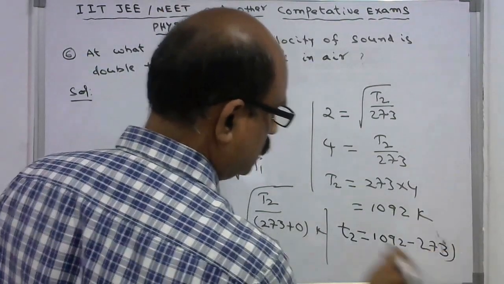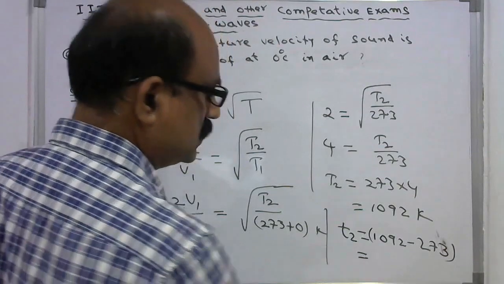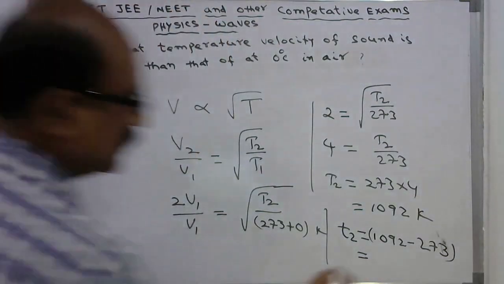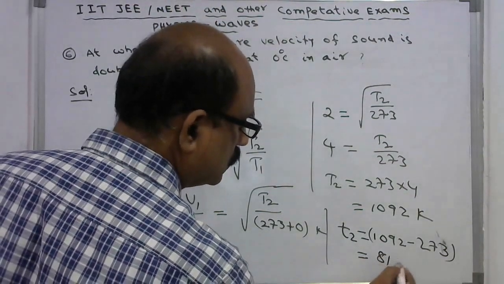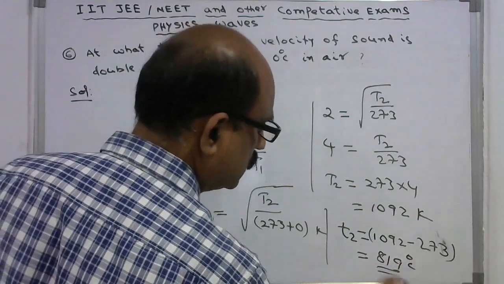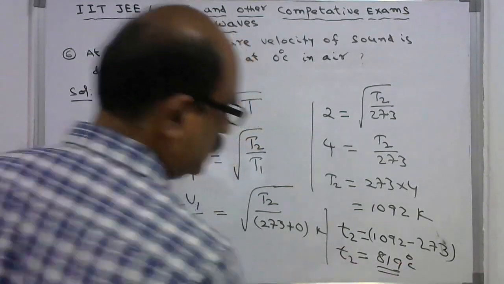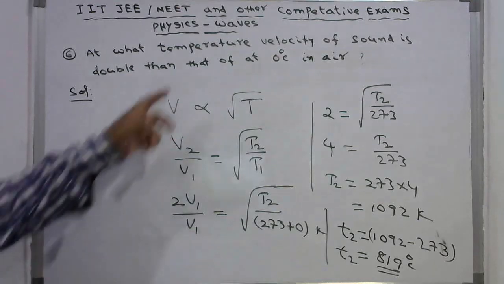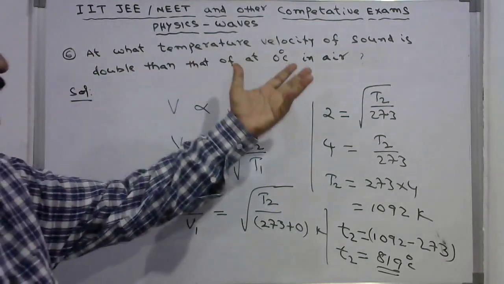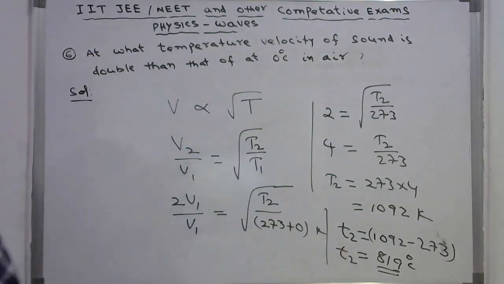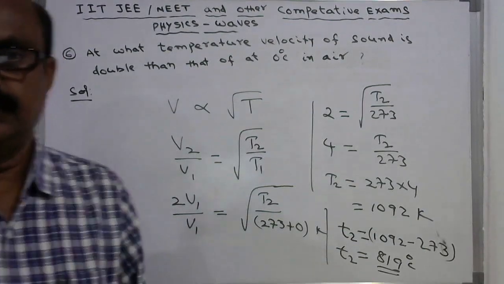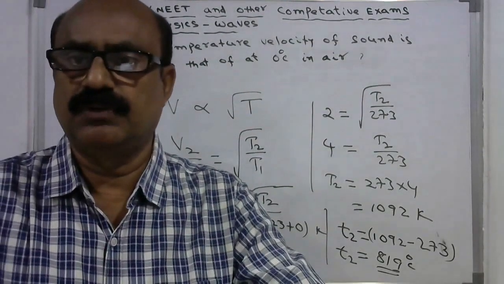So this becomes 819 degrees centigrade. This is the temperature at which the velocity of sound becomes doubled. Let's go to the next problem.